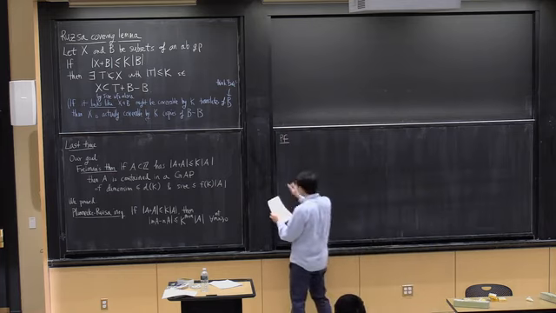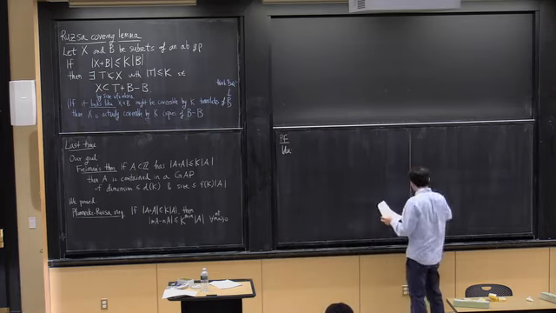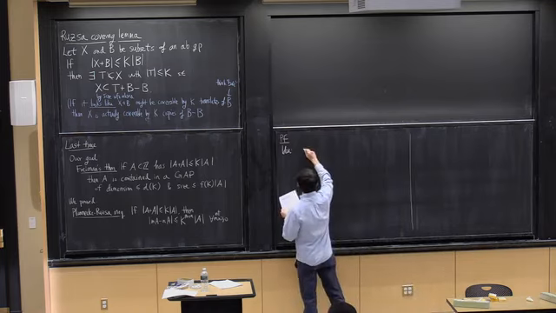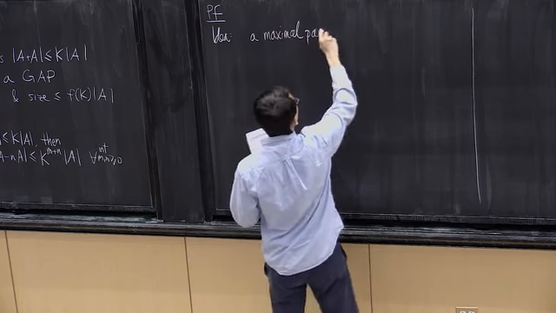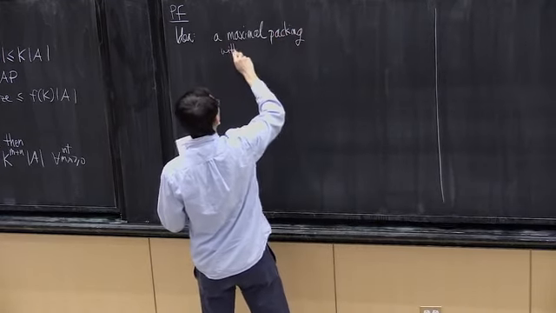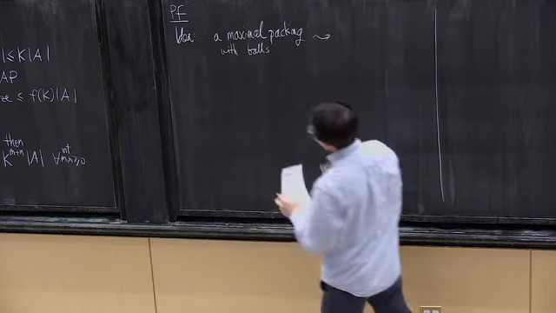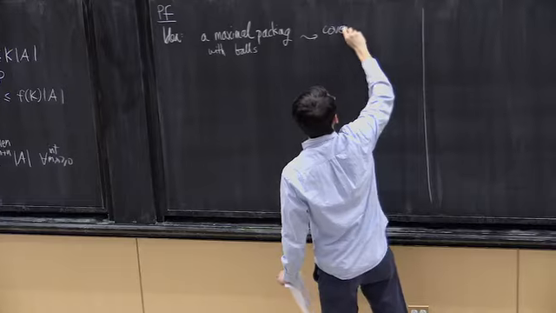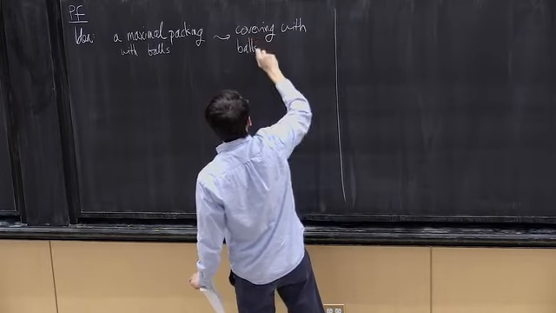The key idea is that if you want to produce a covering, one way to produce a covering is to take a maximal packing. A maximal packing with balls, for instance, implies a covering with balls twice as large.